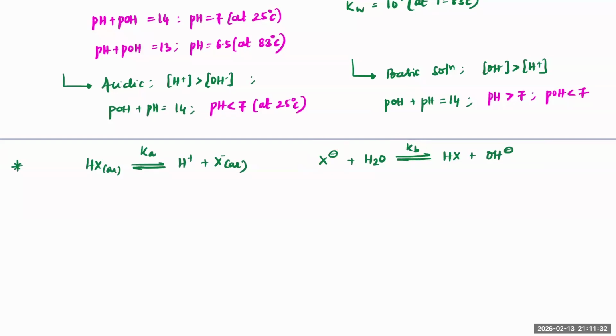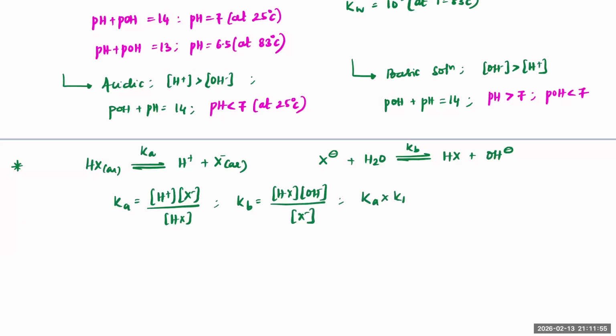What you will find is that the Ka value is equal to H plus into X minus concentration by HX, while the Kb value will be HX into OH minus concentration upon X minus. So if you multiply both of them, Ka into Kb, you will find it is basically a product of H plus and OH minus, which is nothing but Kw.